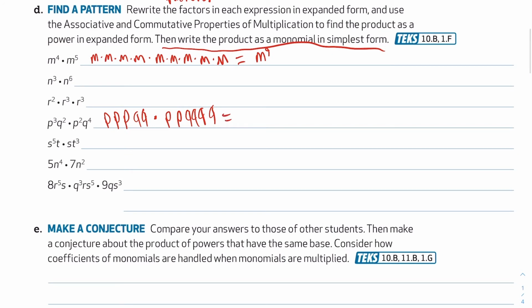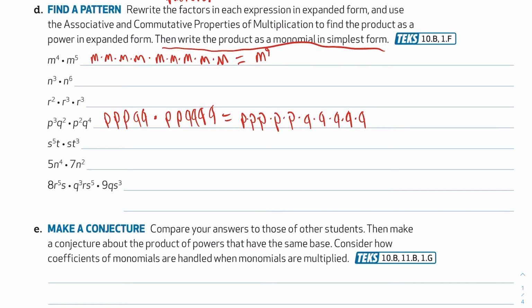Okay, so the best way to write this is to regroup the letters. So we have 3 p's in the first term. Those are all multiplying. Then you have 2 p's from the second term. Then you have 2 q's from the first, and then 4 q's from the second one.